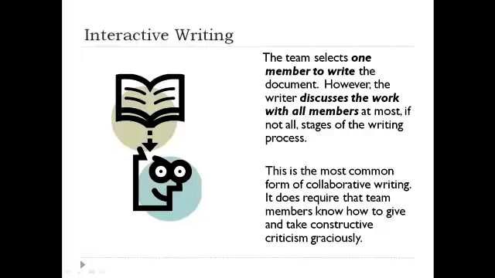Sometimes it's easier to talk about something already on the page, so if you have somebody willing to do it, this is one way to approach a collaborative writing assignment.